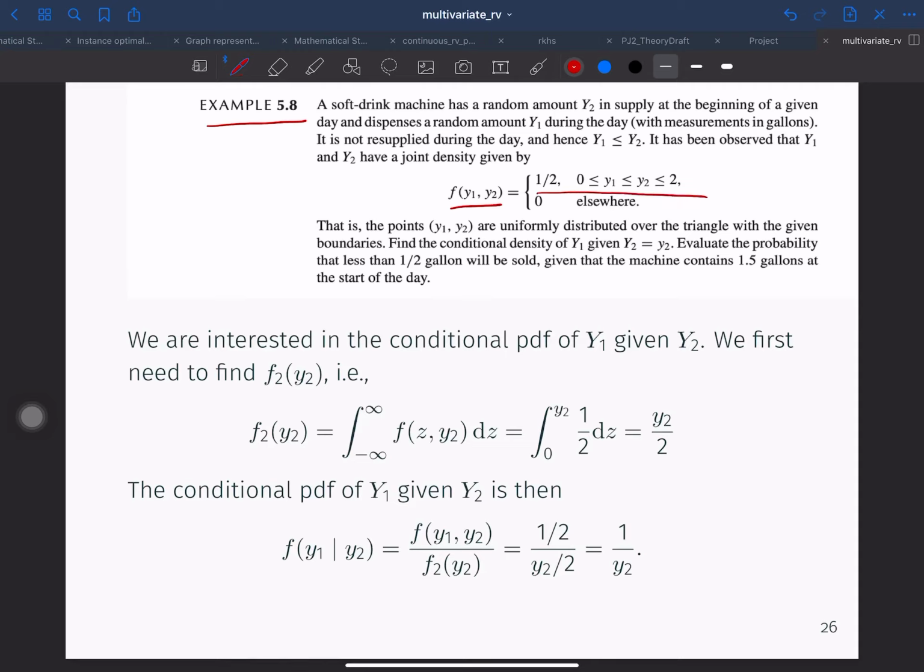So you have to be really careful, but the domain now will look like this. So this is y1 divided by y2 from 0 to 2. This is the line y1 equal to y2. So this PDF here is non-zero in this region.